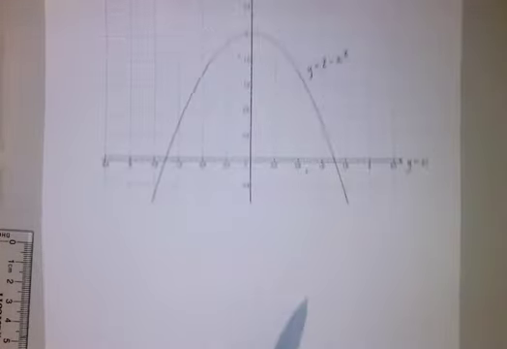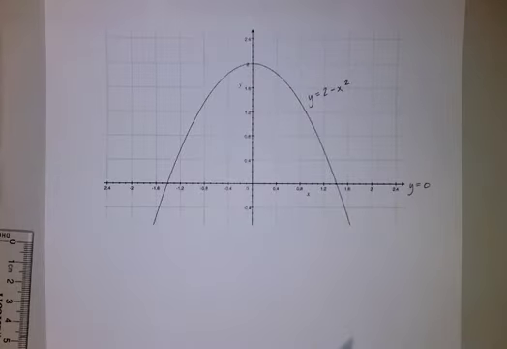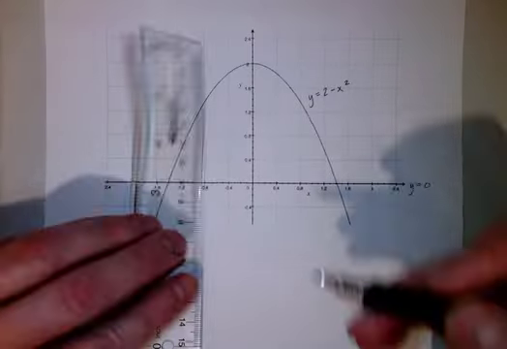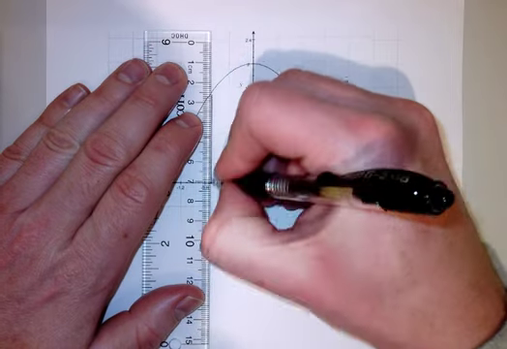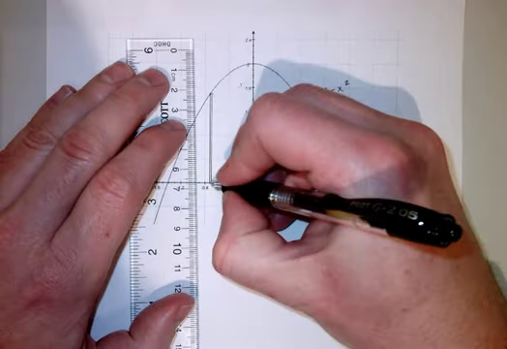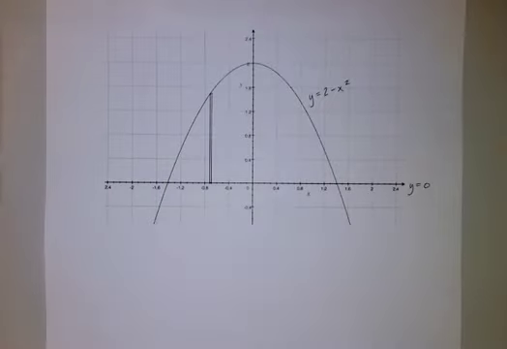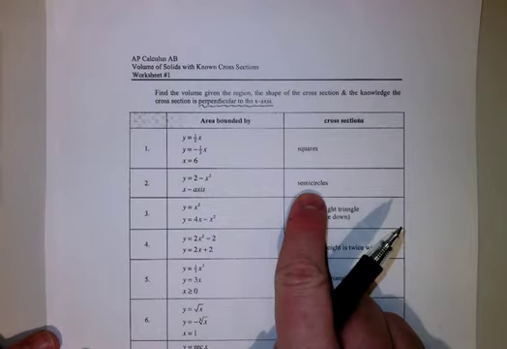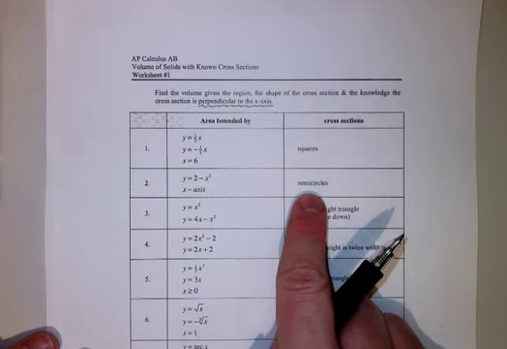For the whole entire worksheet, we're dealing with cross-sections that are perpendicular to the x-axis. And for this particular one, I'm not dealing with squares, I'm dealing with semicircles.